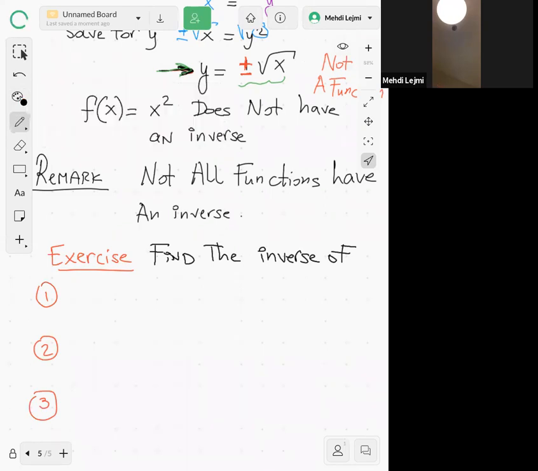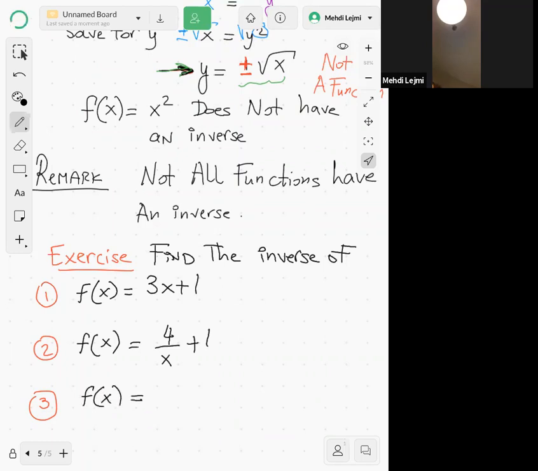Let's start with a simple function, f of x equal to x plus 1. More complicated, f of x equal to 4/x plus 1. And even more complicated, f of x is, let's say, 5x over 1 plus x.